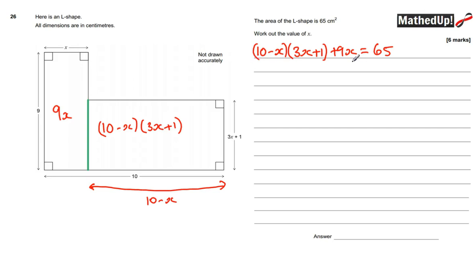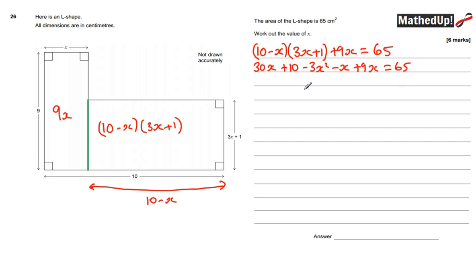I'm now going to expand and simplify the left hand side. So I've got 10 times 3x, which is 30x, 10 times 1, which is 10, negative x times 3x, which is negative 3x squared, and negative x times 1, which is take x. And I've got this plus 9x over here, and that's going to be equal to 65.